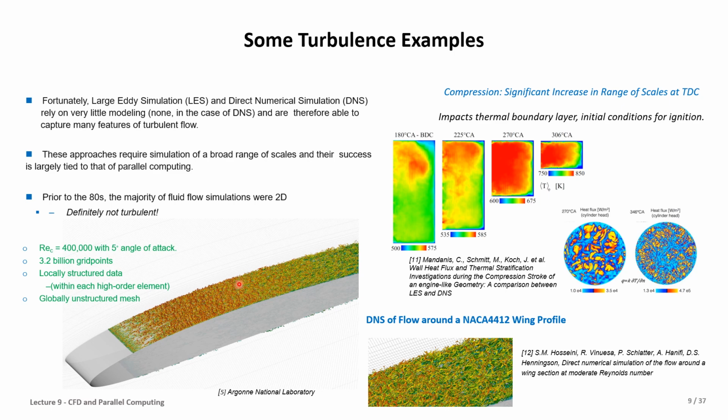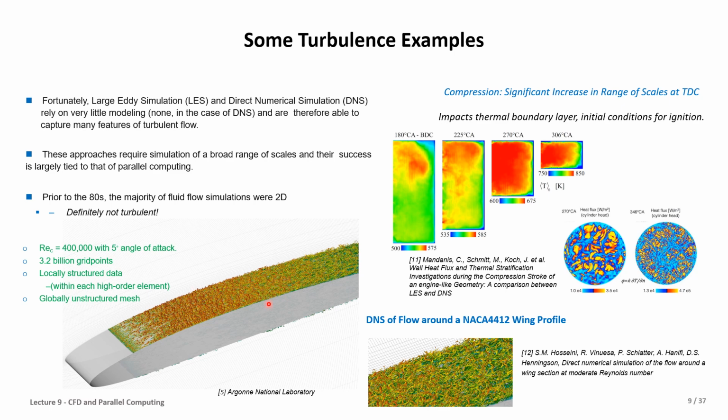This simulation is made with Reynolds number 400,000 and an angle of attack of 5 degrees, which made 3.2 billion grid points, locally structured data, and a global unstructured mesh.